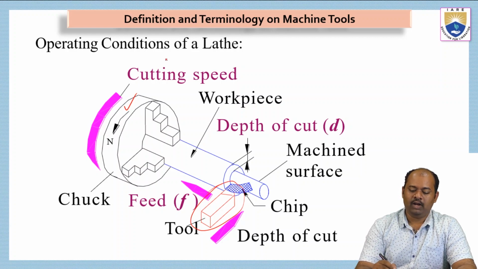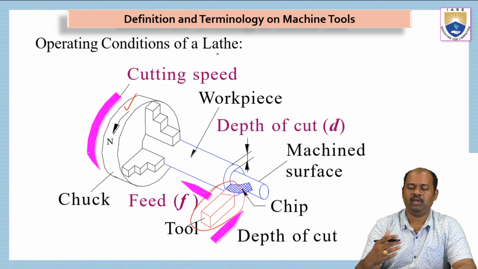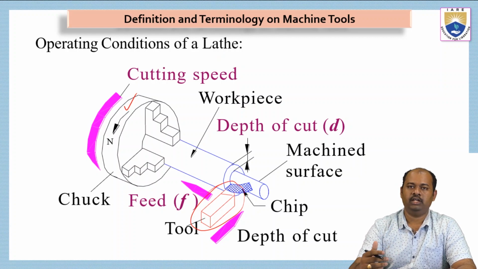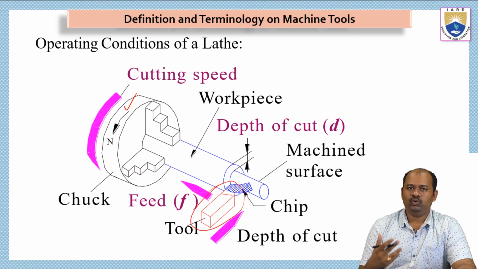And we have different cutting speeds that are possible in lathe machine, because we can use the gearing mechanism to change the speed of the rotating workpiece. And then we can change two types of motions that are possible for the working tool.